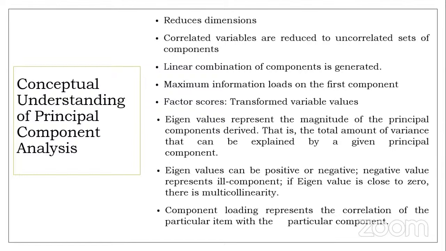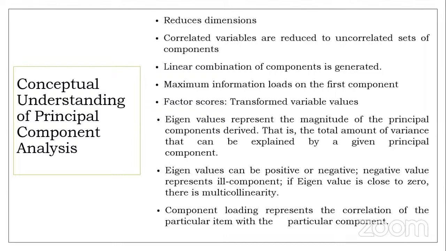Number two, correlated variables are reduced to uncorrelated sets of components. Suppose we are starting with 20 different variables, all of which are intercorrelated. That's the basic assumption. Remember, we discussed in our last class that the starting point is always the correlation matrix.